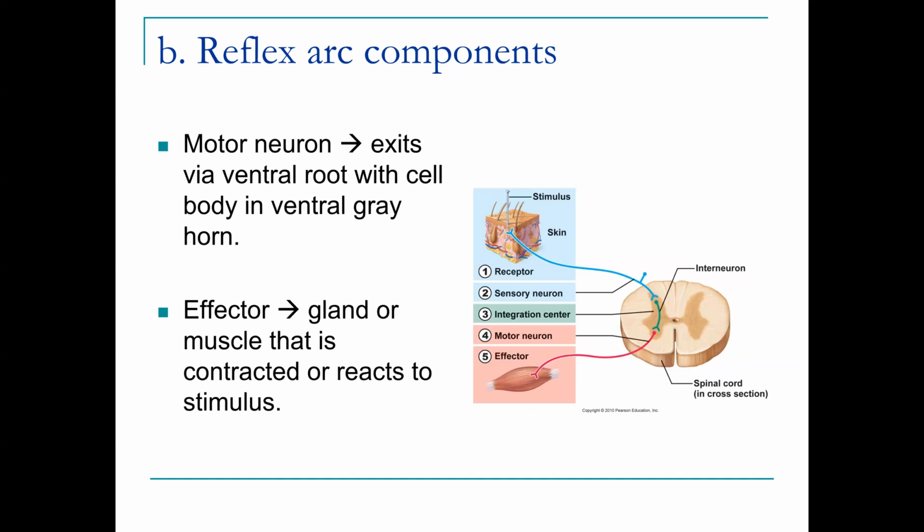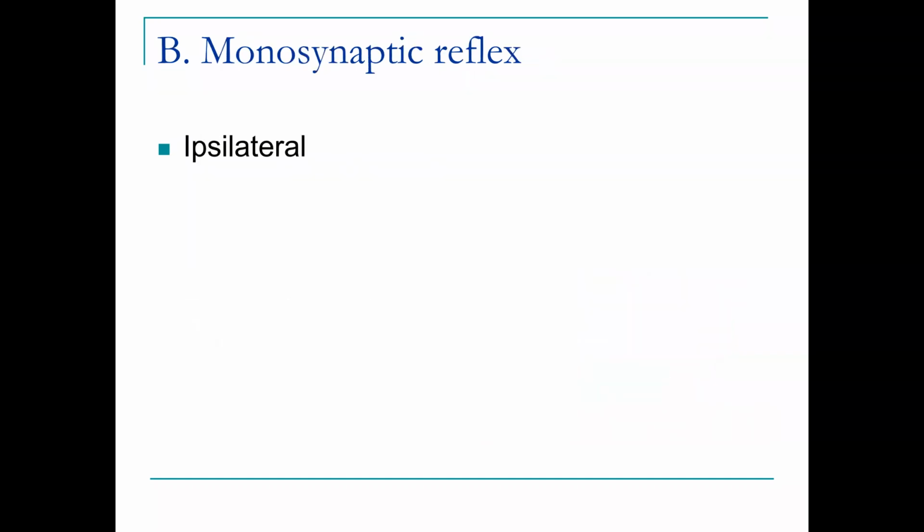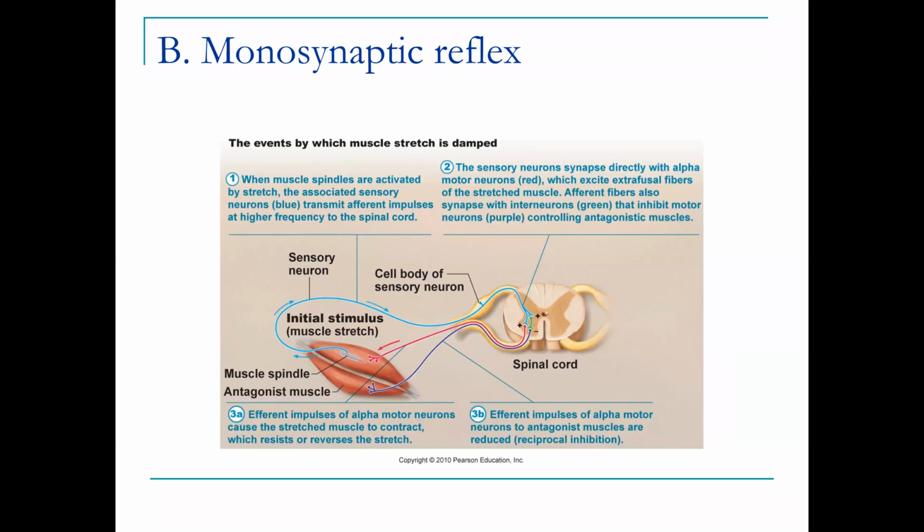If it was in the leg, it's going to extend the knee. Due to the patellar reflex, you've got the knee flexed, and it's going to extend the knee. Ipsilateral means on the same side. This is an example of a sensory neuron and a motor neuron, and no interneuron. So we've only got two neurons here.